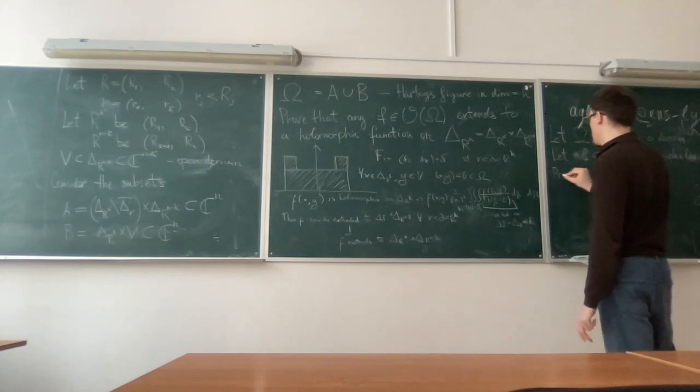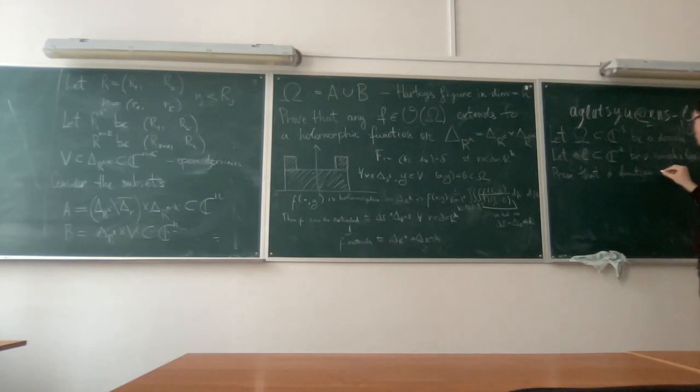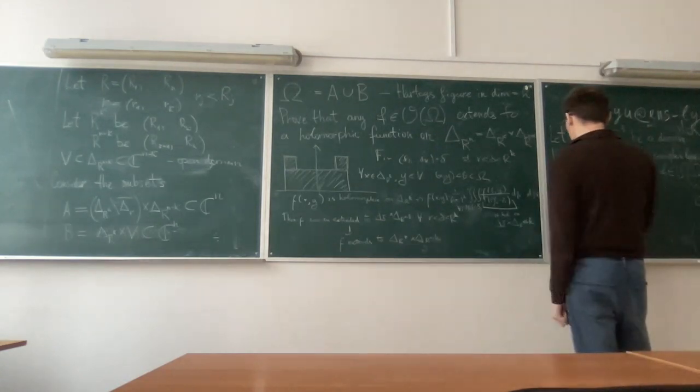And prove that a function f which is holomorphic on the complement, so we intersect the complex line inside C3 with the domain, and we take a function which is holomorphic on the complement.